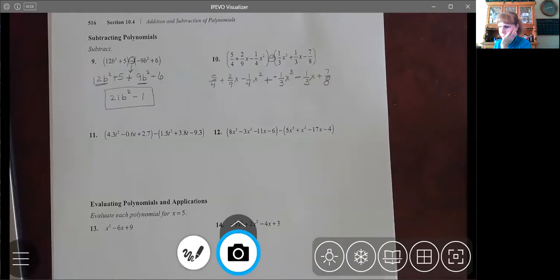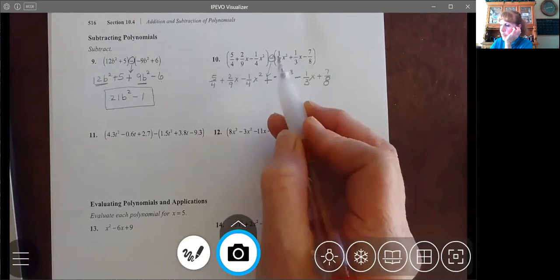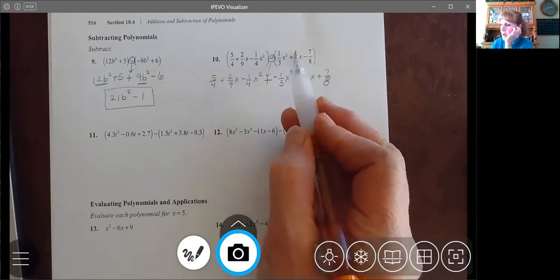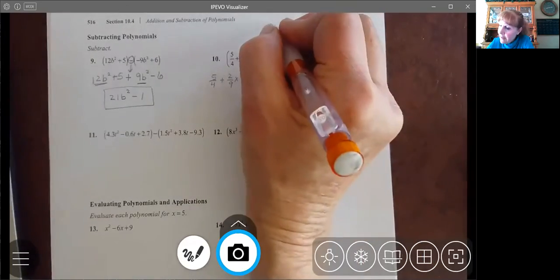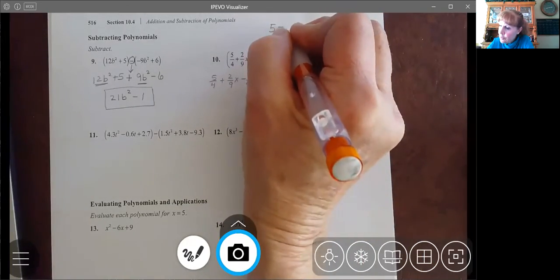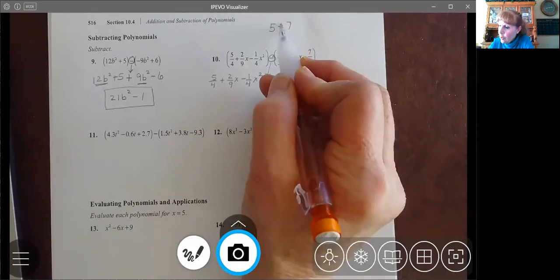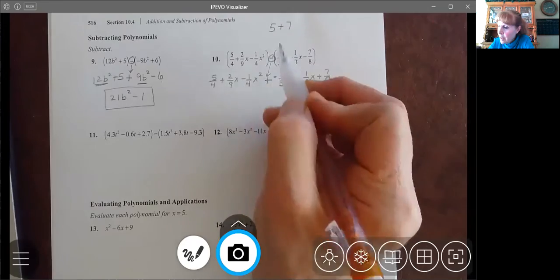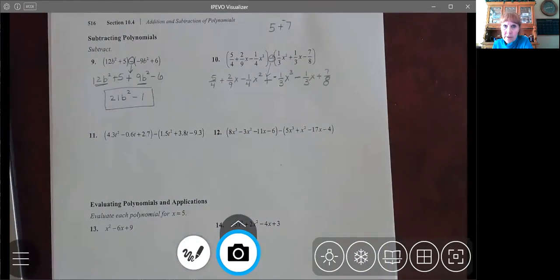Okay. So again, we changed that, and then we put this through and made it the opposite. So it's the exact same thing as if I took 5 subtract 7. Remember that at the very beginning, we make it a plus, and then we change the sign on what follows.